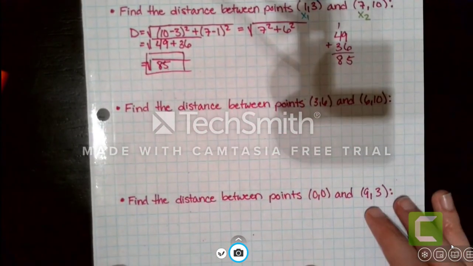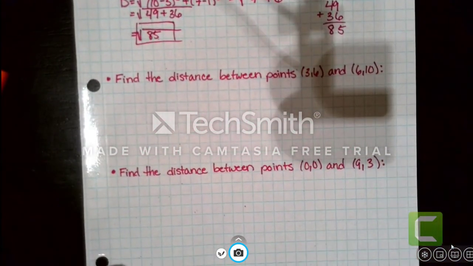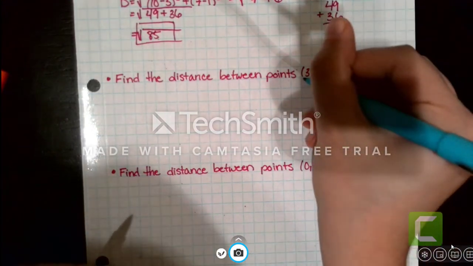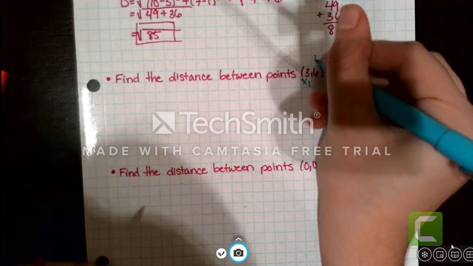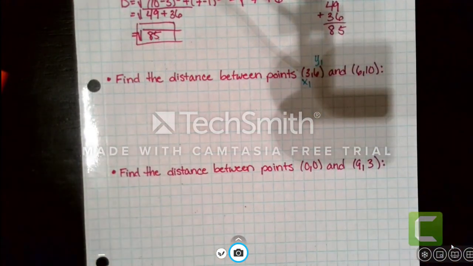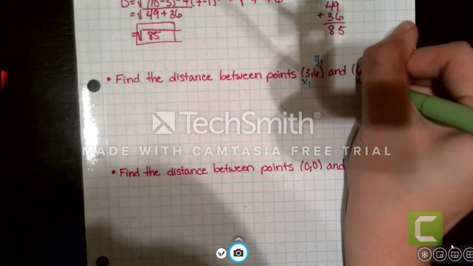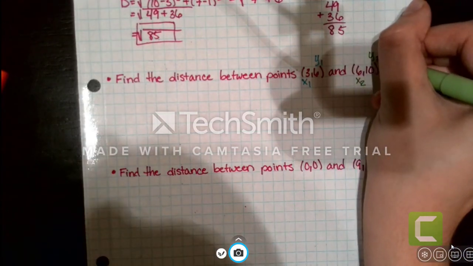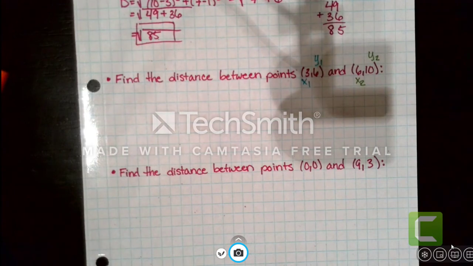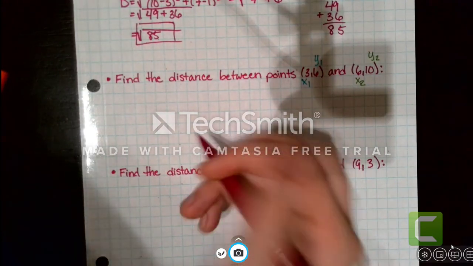Moving on below, find the distance between the points 3, 6, so x1, y1, and 6, 10, x2, y2. Plug them into your equation.